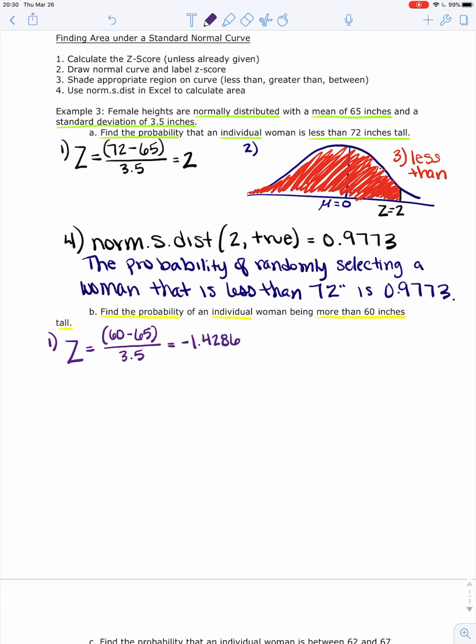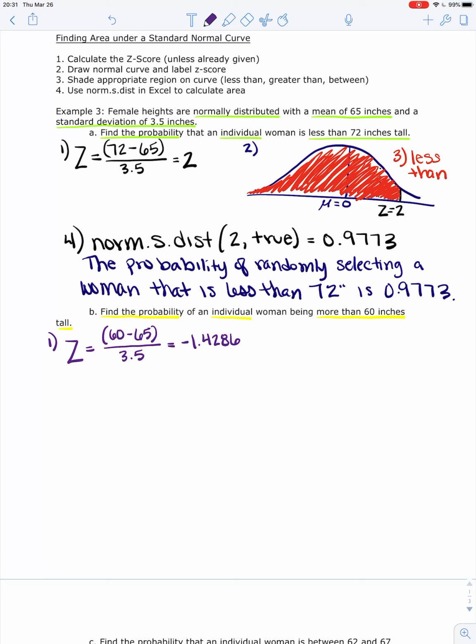That means we're going to be on the left-hand side of that center line. Z-scores are allowed to be negative, but probabilities are not. Remember, the answer we get in step 4 needs to be between 0 and 1.